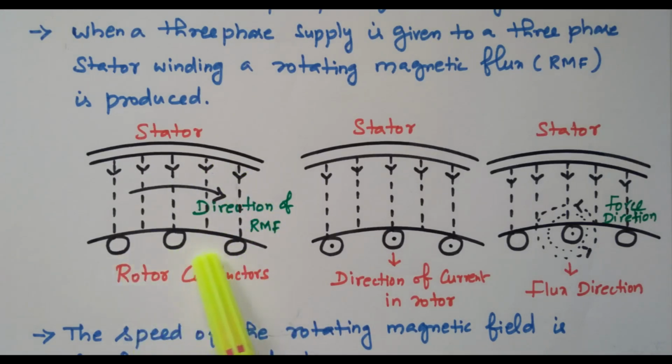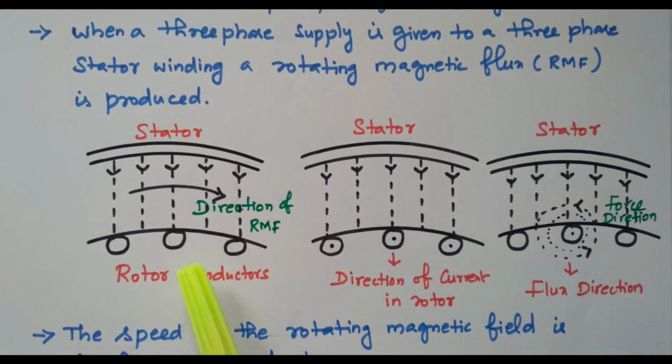Initially these rotor conductors are in a stationary position. It's not rotating. So this magnetic flux is linked with the stationary conductors. What will happen when a conductor cuts the magnetic flux? An EMF is induced, right?